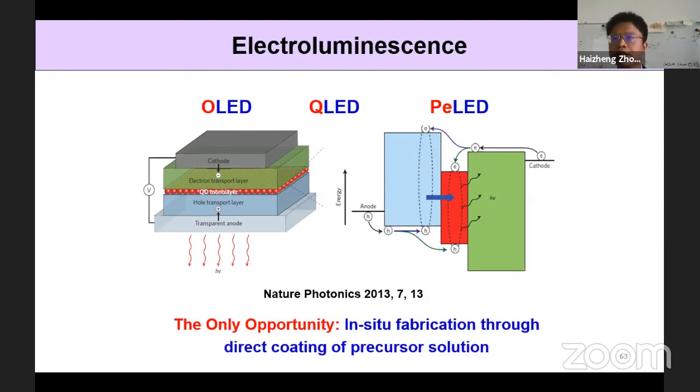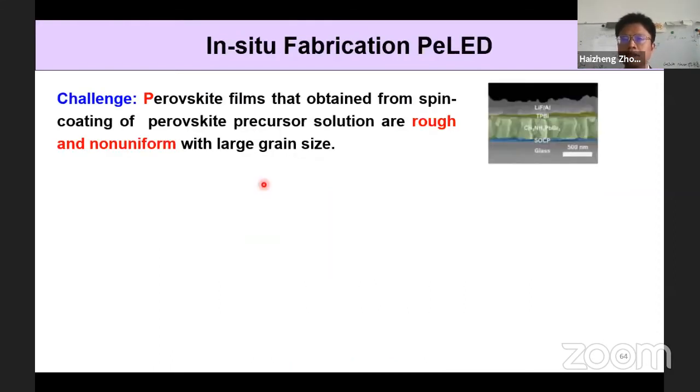I think the only opportunity is in-situ fabrication through direct coating of the precursor solution, because this avoids the high-temperature synthesis of QDs and also the expensive vacuum equipment of OLEDs. However, the challenge of in-situ fabrication of PeLEDs is how to obtain thin films of perovskites.